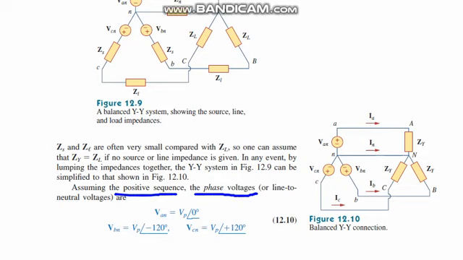That means VAN is VP at 0 degrees, VBN will be VP at minus 120 degrees, and VCN will be VP at plus 240, that means VP at 120 degrees. You have to follow this kind of sequence. So just look at the previous lectures and you can easily understand this sequence term.